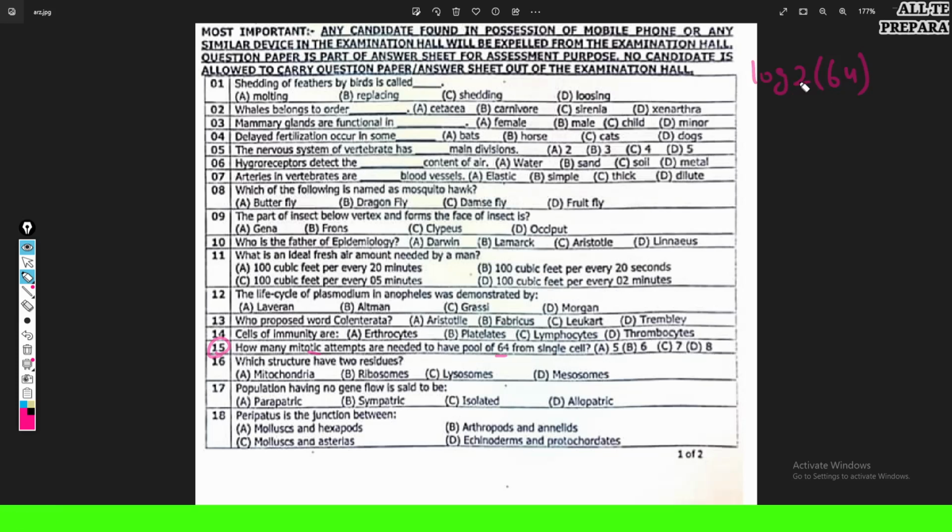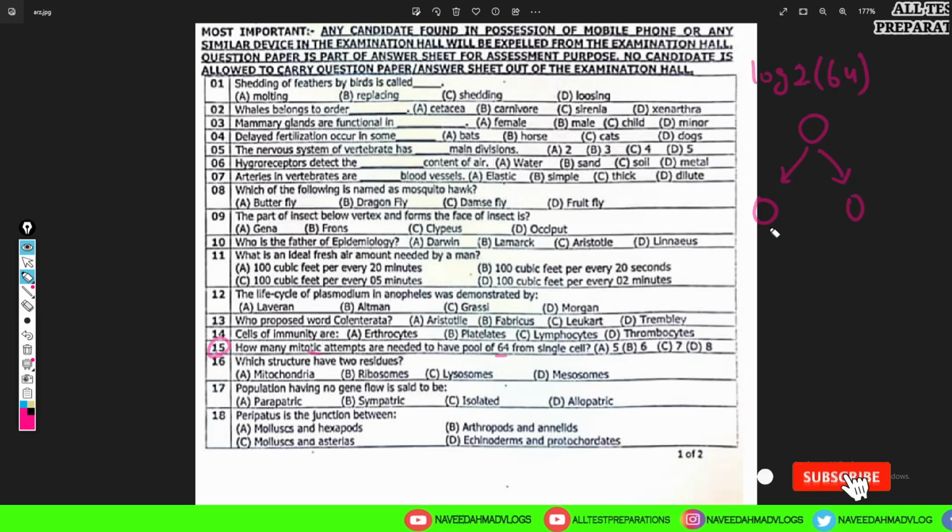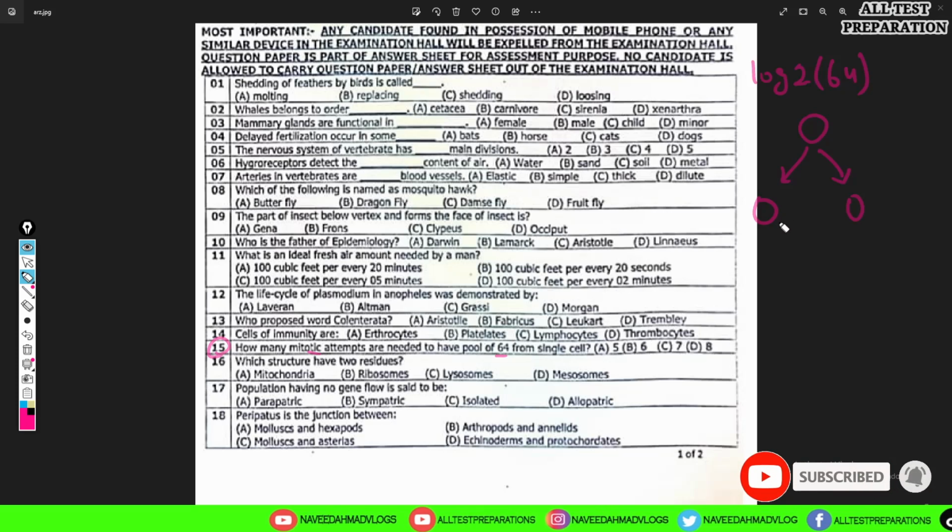So we know that in every division, when we divide a single cell, after division we get two daughter cells. So in every division the number of cells doubles.